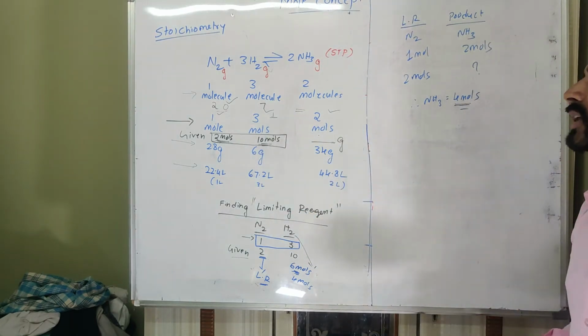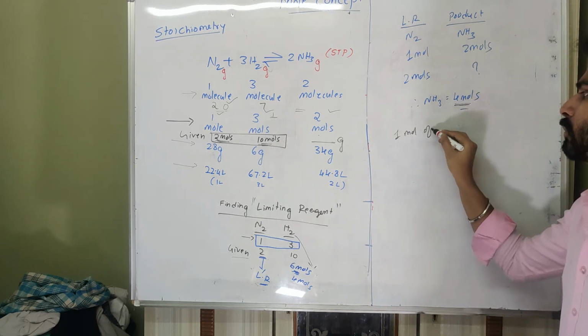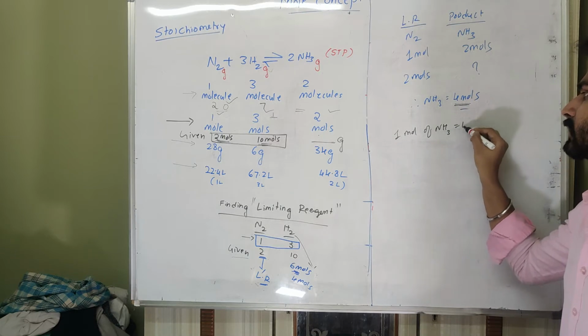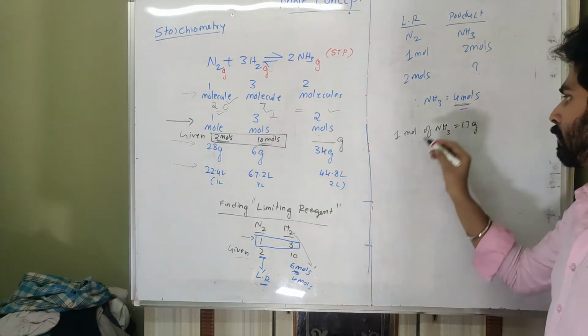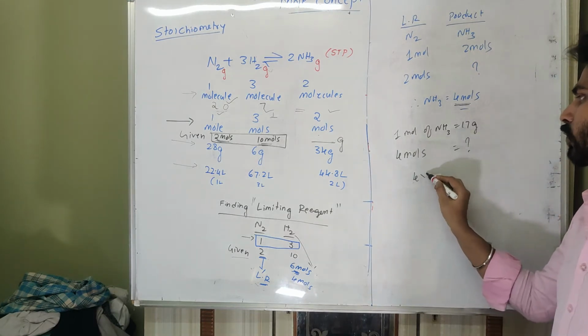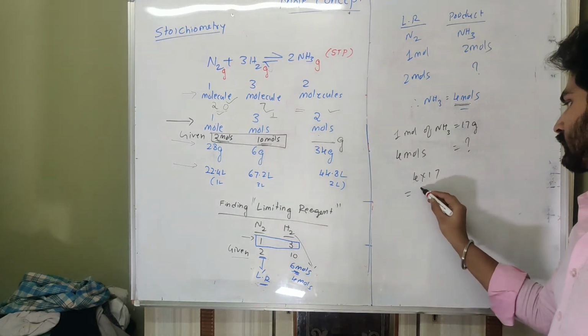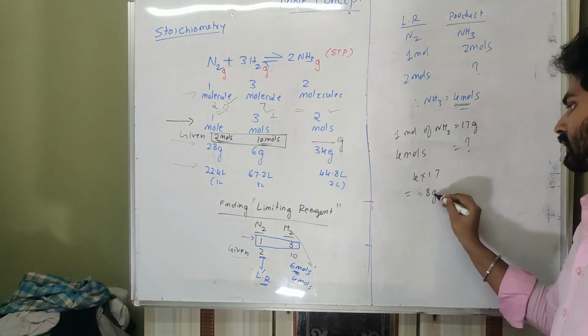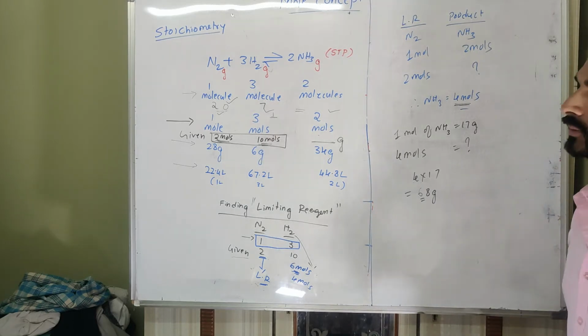Thereafter we can convert that into grams. We know 1 mole of ammonia is 17 grams, since nitrogen is 14 plus 3, 17 grams. But here it is 4 moles. So 4 moles, how much? 4 into 17 is 68 grams. In this way we can calculate the amount of ammonia formed in terms of grams.